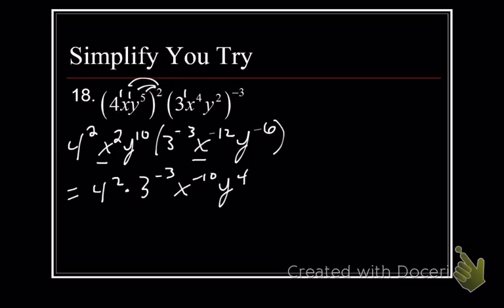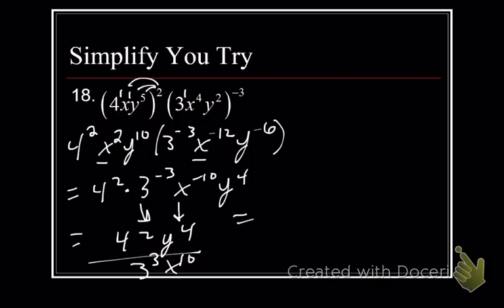Now move your bases with negative exponents, which is going to include this 3 and this x. So we end up with 4 squared y to the 4th over 3 to the 3rd x to the 10th. And when you multiply out your numerical bases, you get 16 y to the 4th over 27 x to the 10th.